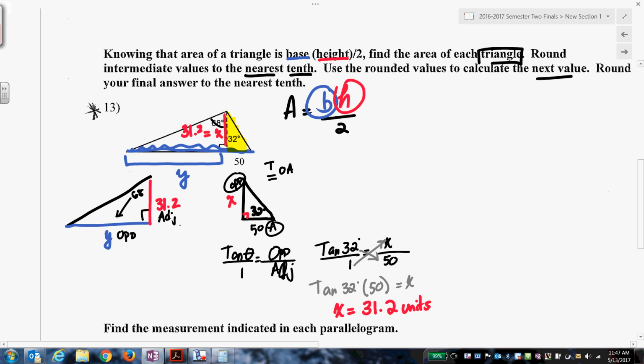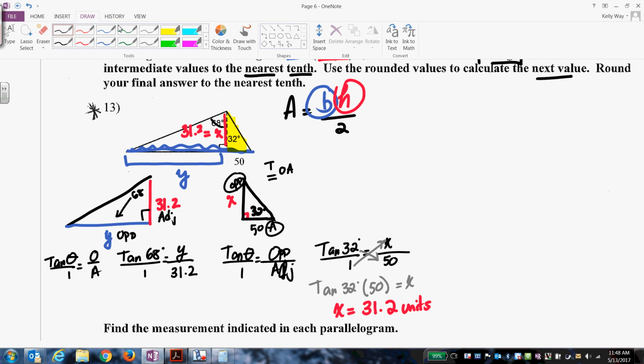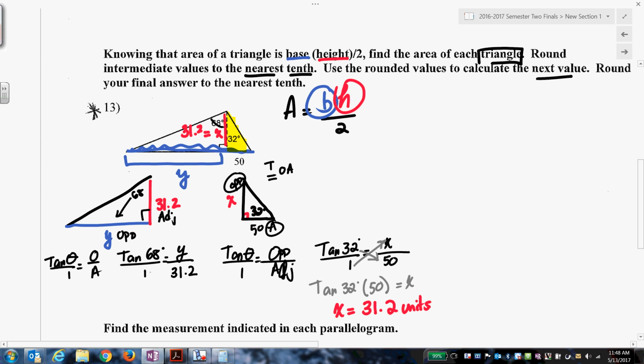We have an OA combo again. So we're going to use tangent. Opposite we don't have. That's our y. Over adjacent we do have right there. Cross multiply.